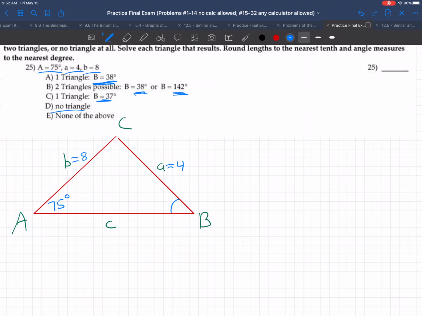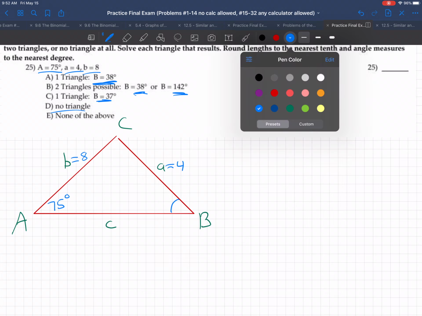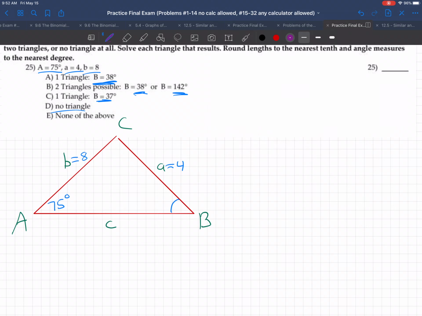So how can I find angle B? Well, is this a right triangle? No, we don't have a 90 degree angle.